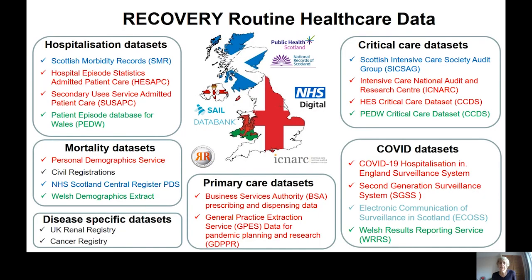So what sort of data sets did they use? Well, you can see here quite how many were available, and indeed how many were actually used and are continuing to be used in the RECOVERY trial.